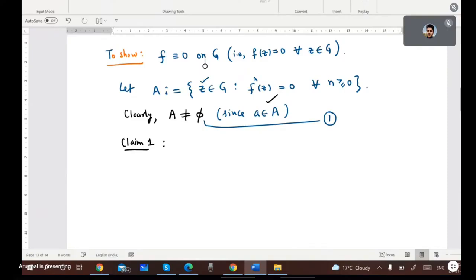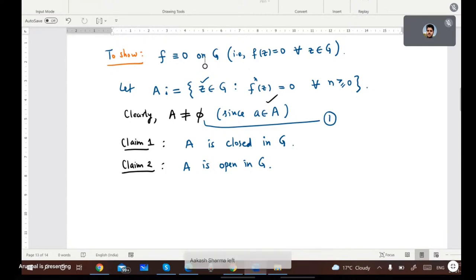Claim 1: the claim 1 will be that A is closed in G. Class, this will be my first claim. Then I will make one more claim that A is open in G. Right, class?